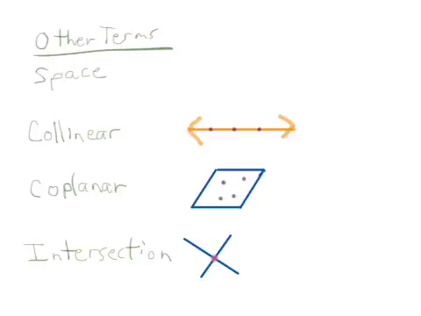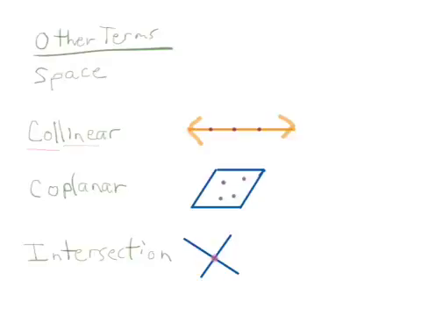Okay, collinear. If we look at each individual part of that word, co means with. You think of like co-ed, means with boys and girls. It's like co-ed sports. You have guys and girls playing on the same team. The co means with. Linear, notice in the word linear you have the word line.